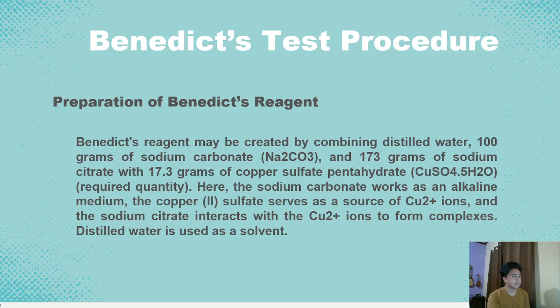So this is the required quantity. Here, the sodium carbonate works as an alkaline medium. The copper sulfate serves as the source of Cu2+ ions, and the sodium citrate interacts with the Cu2+ ions to form complexes. Distilled water is used as a solvent.